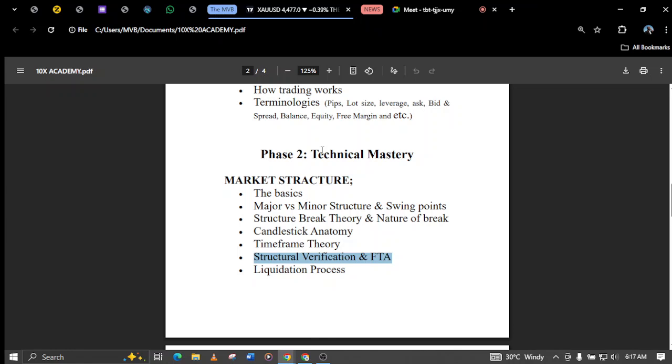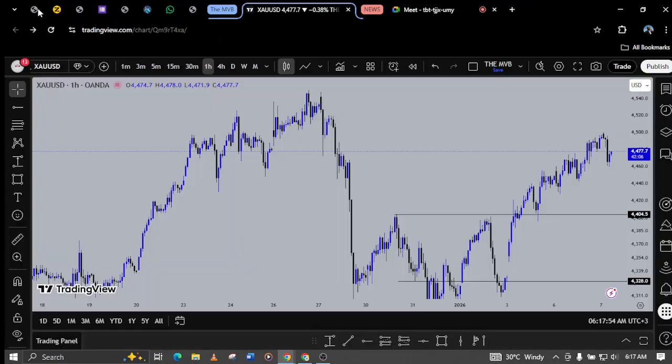Several minor structures inside. And the way we mark the breakout point, I don't know if you got that, it doesn't matter whether it is the BOS, the break of structure, or the change of character, or sometimes we call it transition.